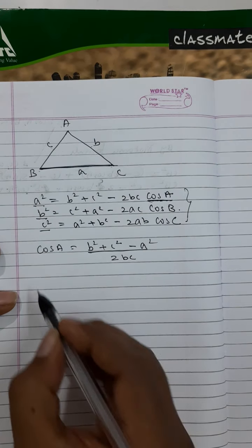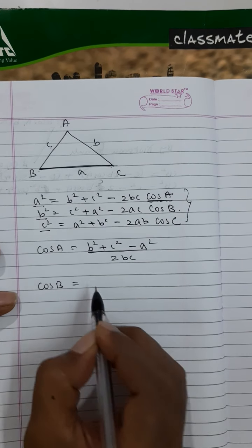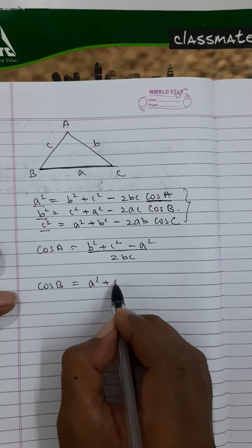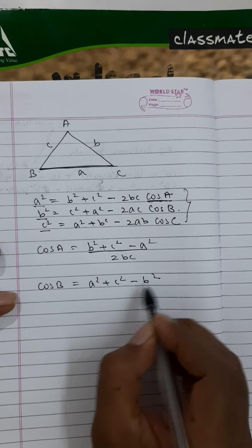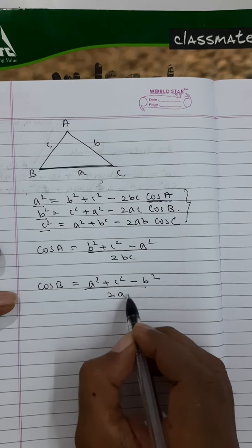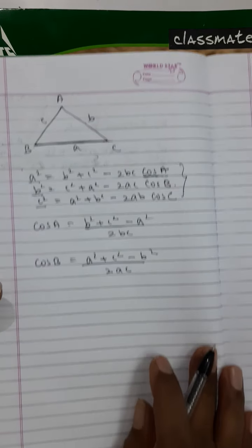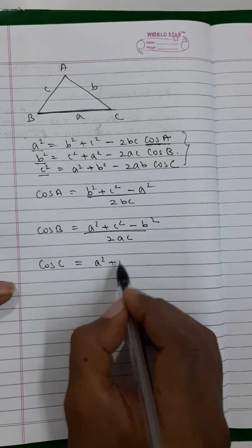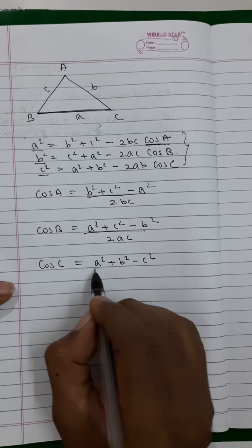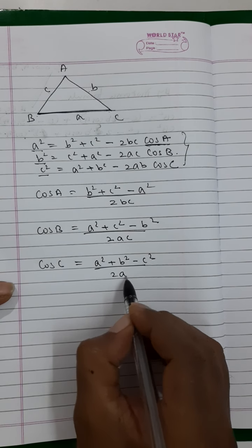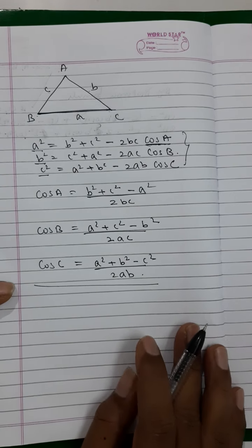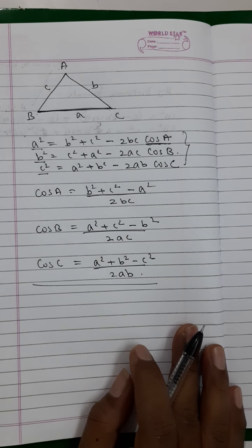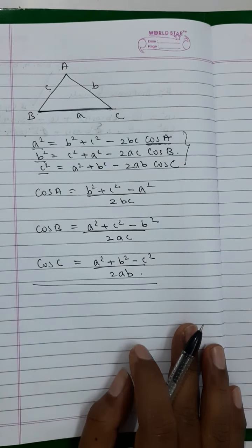Similarly, cos B is equal to a square plus c square minus b square upon 2ac, and cos C is equal to a square plus b square minus c square upon 2ab. With this form of the cosine rule, we can find the angles also, provided we know all the sides of the triangle.